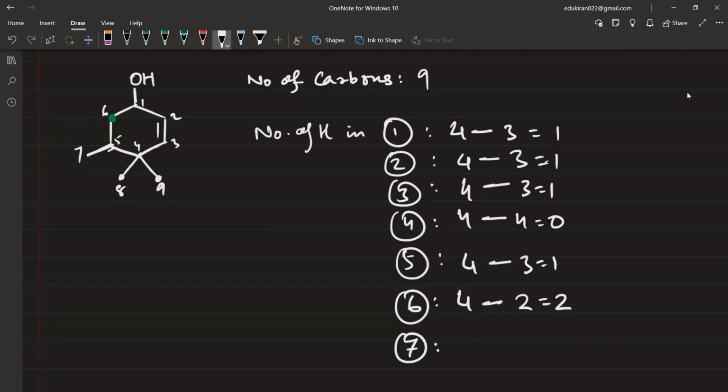बताइए 7th में बताइए, नंबर ऑफ हाइड्रोजन बताइए सीधा. नंबर ऑफ हाइड्रोजन इन द 7th वन, आयशा. हाउ मेनी हाइड्रोजन्स? Number of hydrogens in the 7th carbon atom.